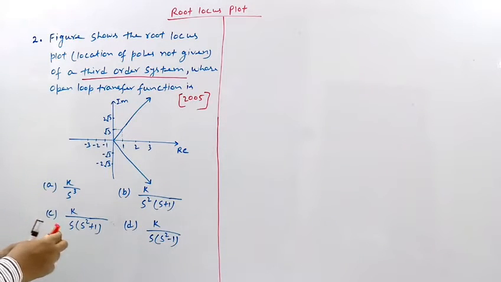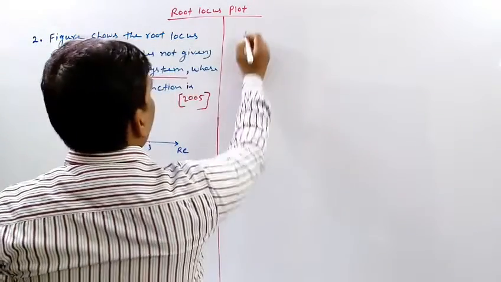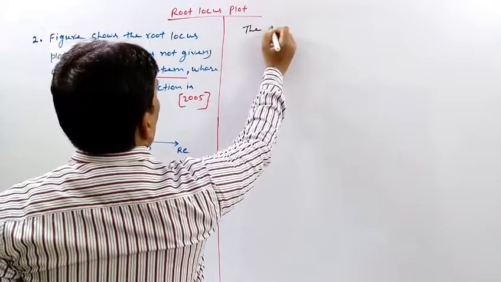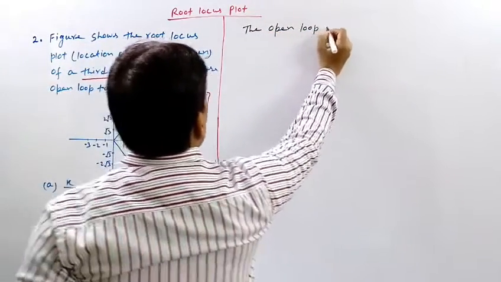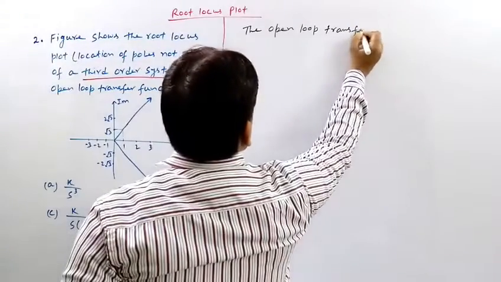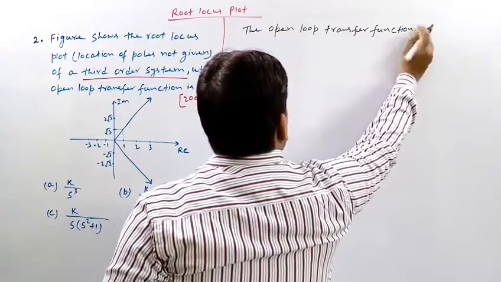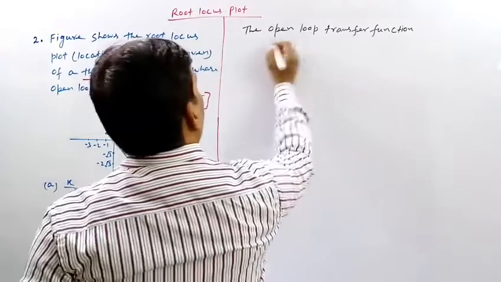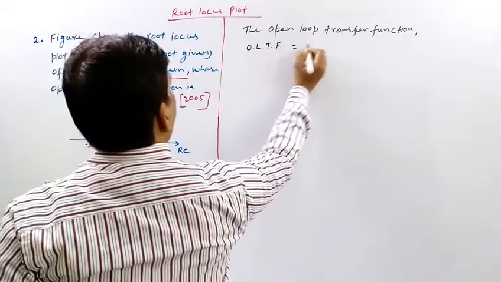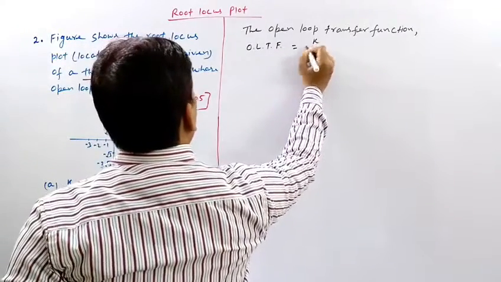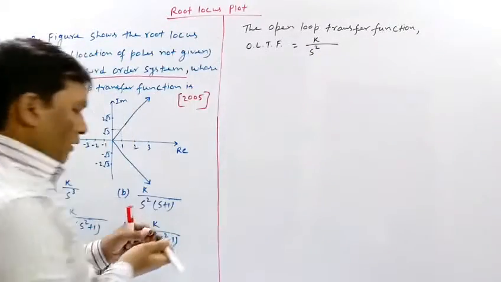So we can write the open loop transfer function, OLTF, as k divided by s square, and there must be one more term.